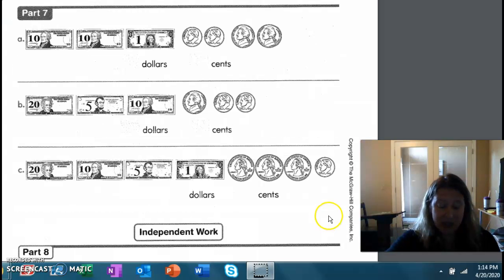Good. So let's just review coins real quick before we get started on this next part. So listen, if you have 35 cents and you add 5 cents to that, 35 and you add 5 more, what would that be? 40 cents. Good.